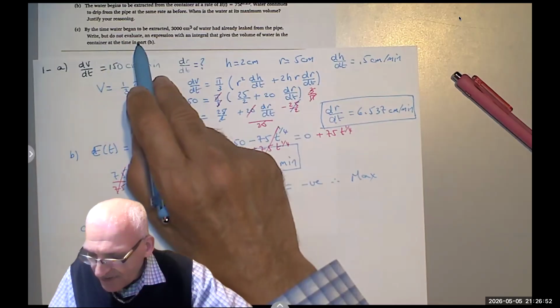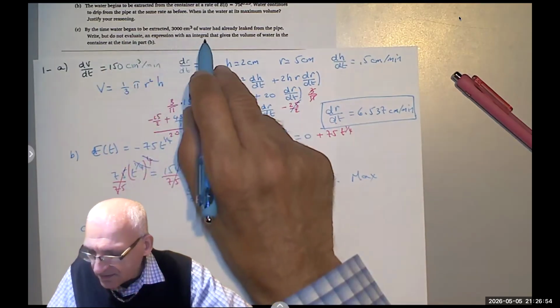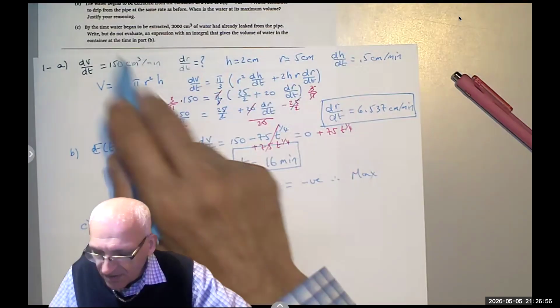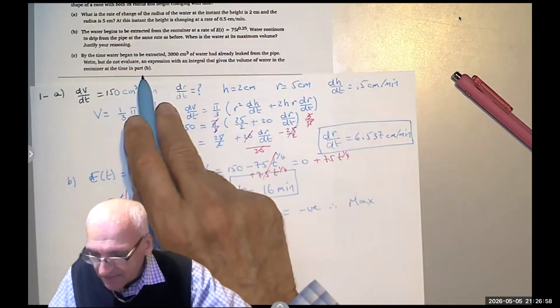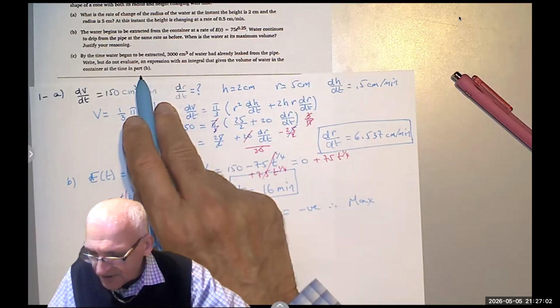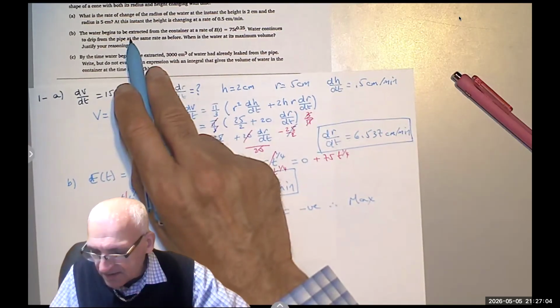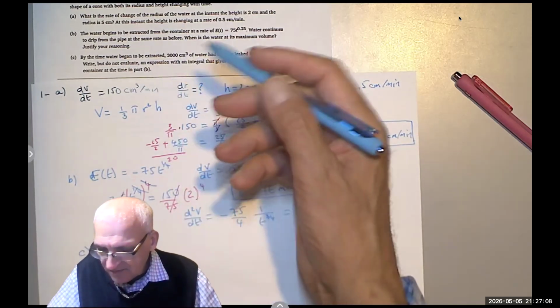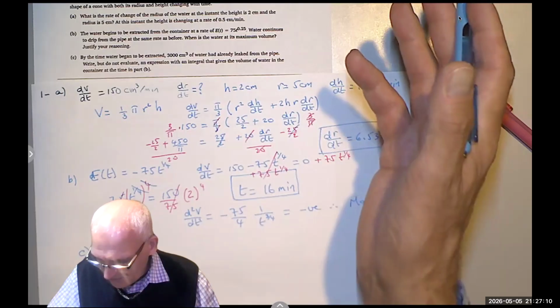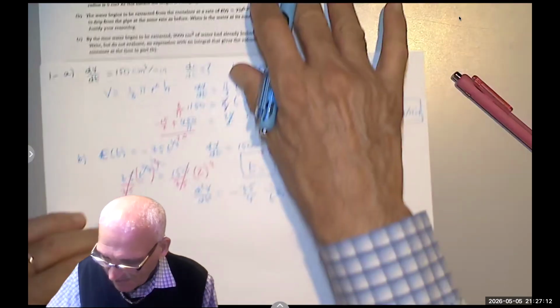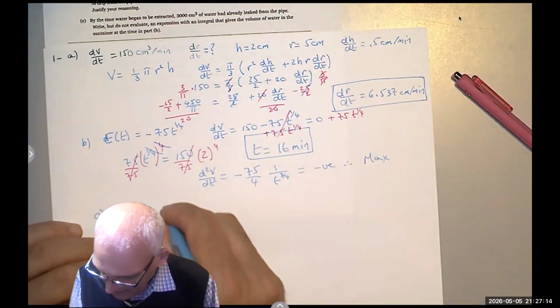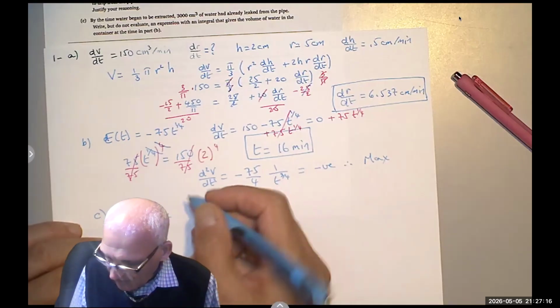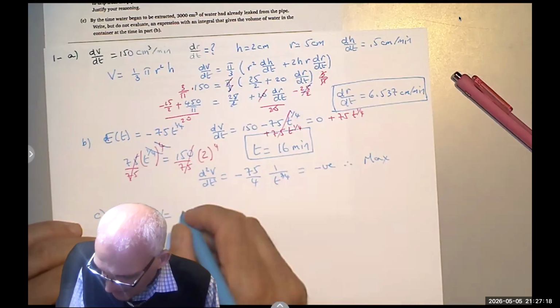But do not evaluate an expression with an integral that gives the volume of water in the container at the time in part B. What's the meaning of the time in part B? Oh, meaning when water began to be extracted. Don't evaluate. The volume, we know, is already 3,000 inside.